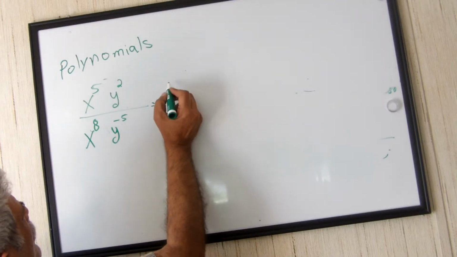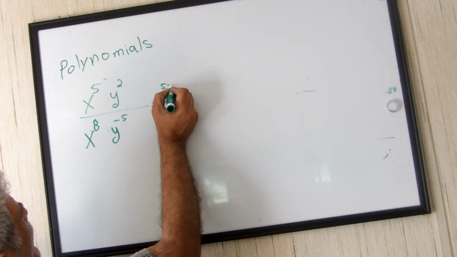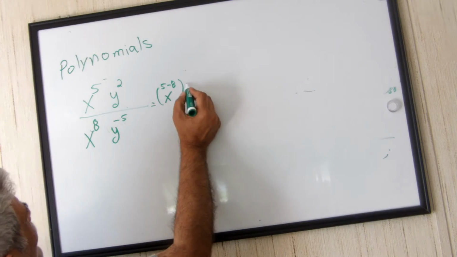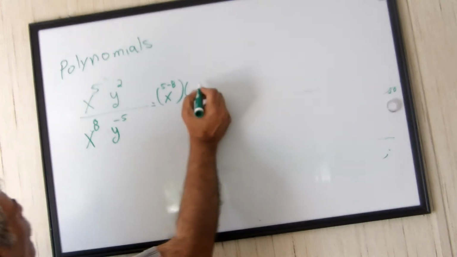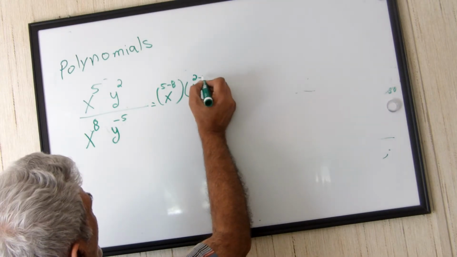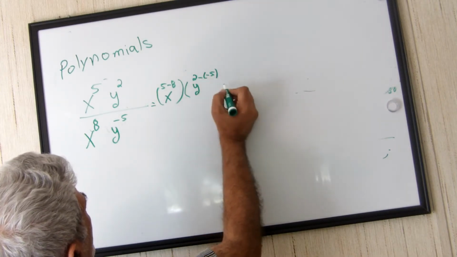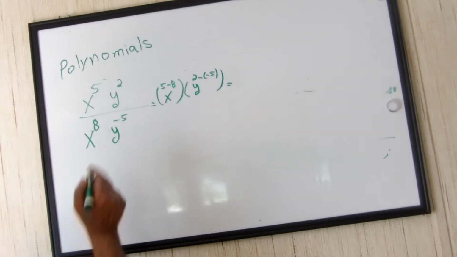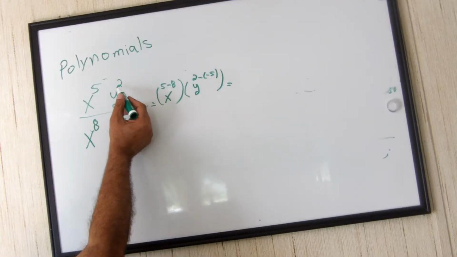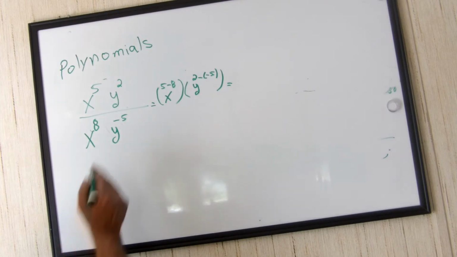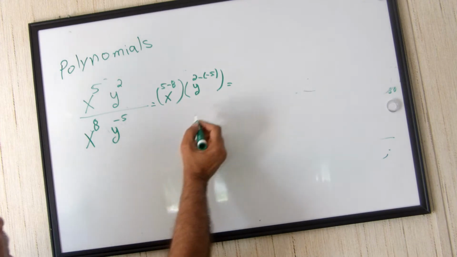You write first this one: x to the power of 5 minus 8 for this one, and then we have y to the power of 2 minus 5. Because you subtract this one from this one, whatever the value is, you subtract it.